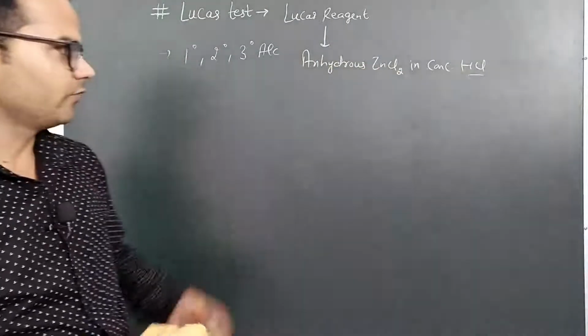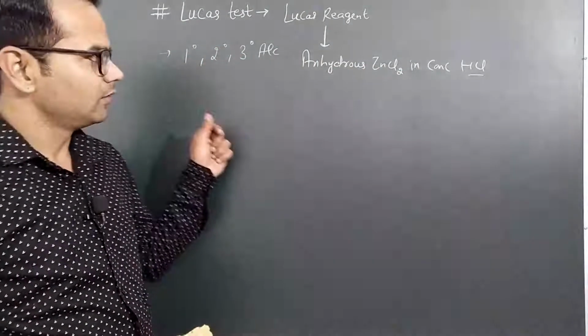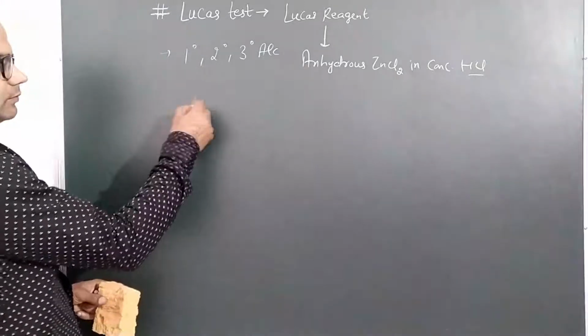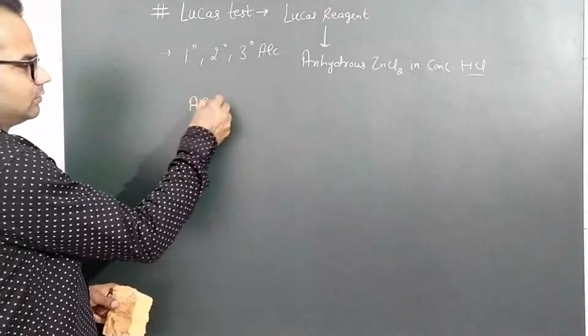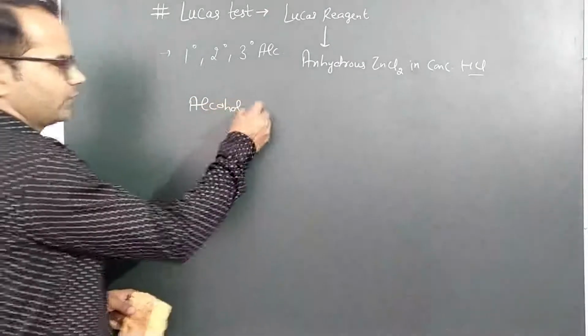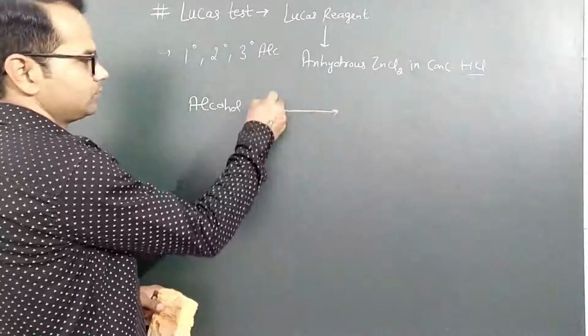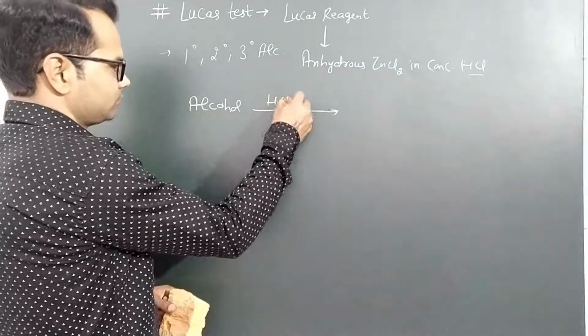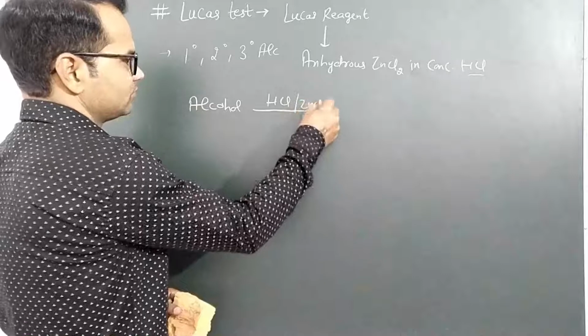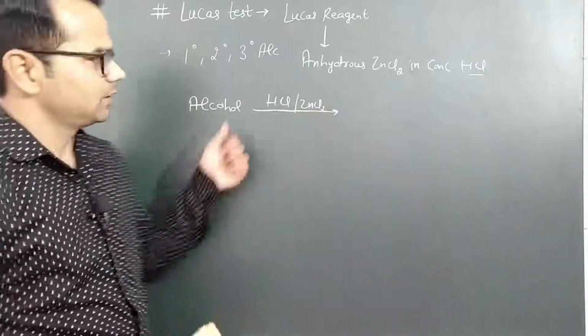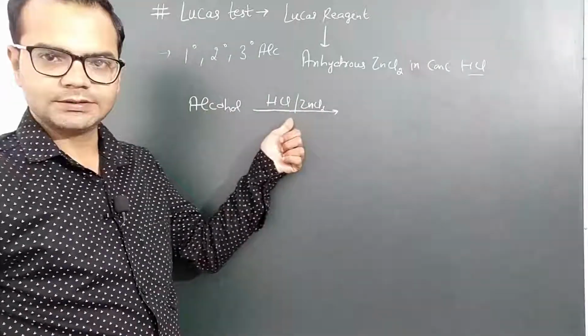We have three types of alcohol. This reaction involves the reaction of alcohol with concentrated HCl in presence of anhydrous zinc chloride.